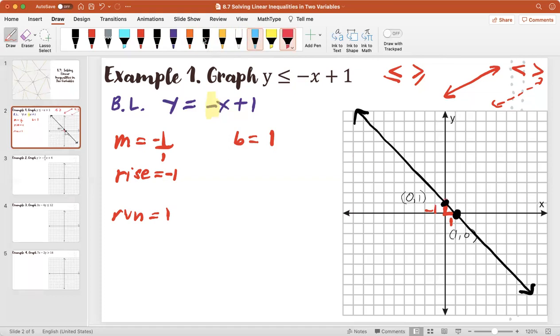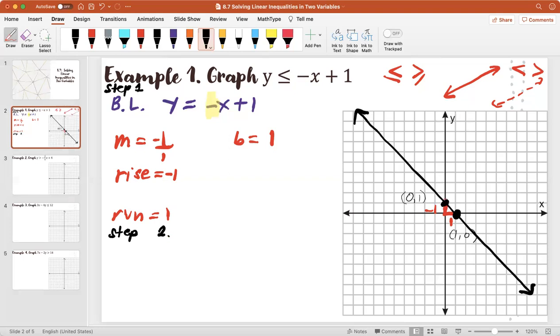So our next step now is the test point. Step one is the boundary line, and now step two is to pick a test point. Let's pick a test point, a point that is not on the line. But there is always an easiest test point that we can use.